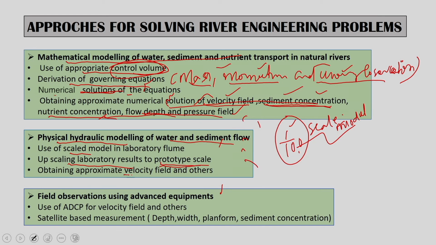Then you get the velocity field, the depth, the sediment concentrations, all of it. But here you also have the biggest problem with scale effect, because you scale down the models from 1:100. The major issue here is the scale effect, as you also know.